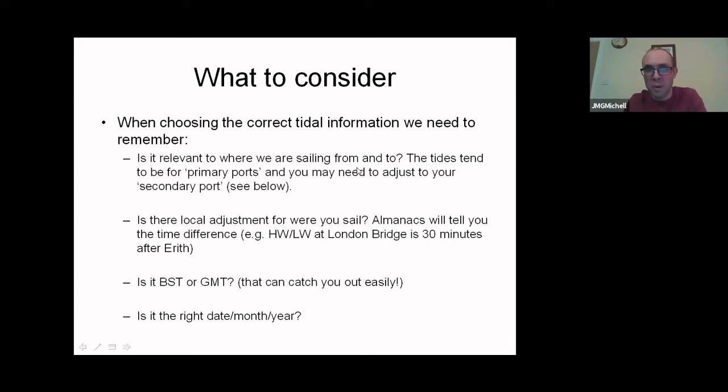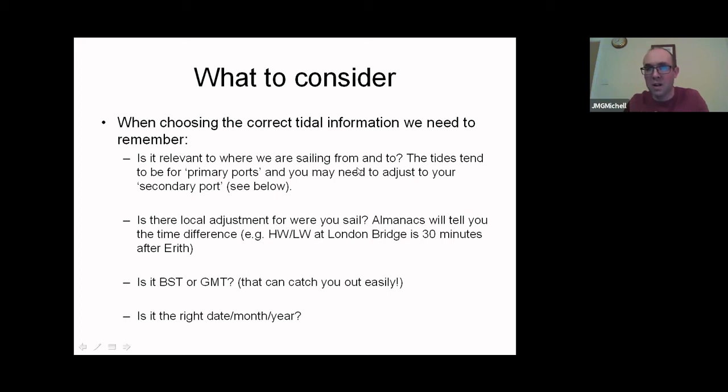I'm not going to talk to you about primary ports and secondary ports as such, but at a very basic level for us, London Bridge is our primary port. So that is the primary set of tide times that we use at Erith. Erith is a secondary port because there's no real tide tables ever created for it, but we know that Erith is roughly 30 minutes before London Bridge, whether it's high water or low water.